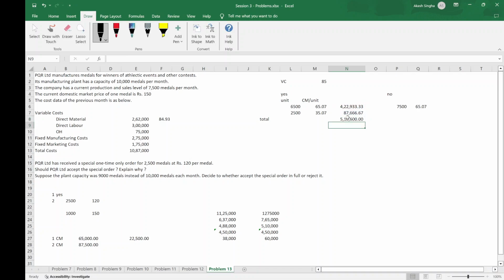So this is the total contribution margin. Now for the no case, it is 7500 into 65.07.